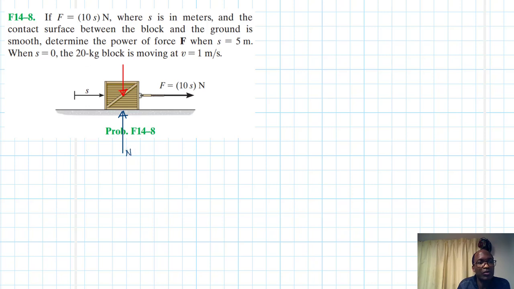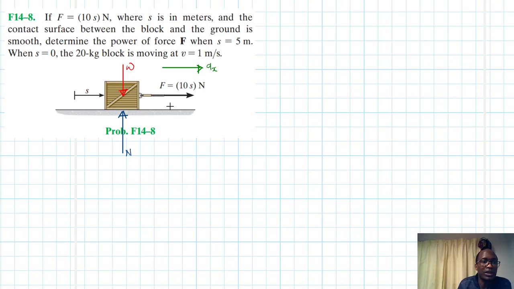This is the normal force, and this is the weight. We've been given the displacement that it has covered, and we do have motion in this direction, like so. This is our a_x.